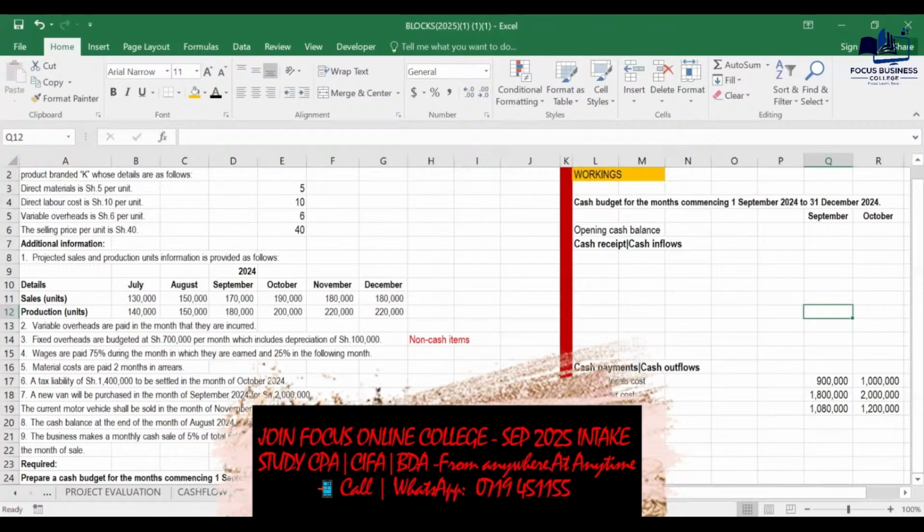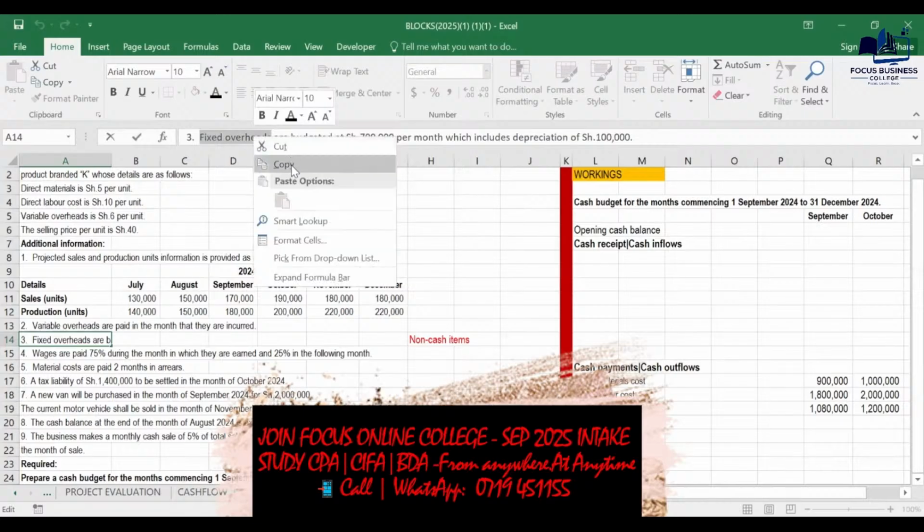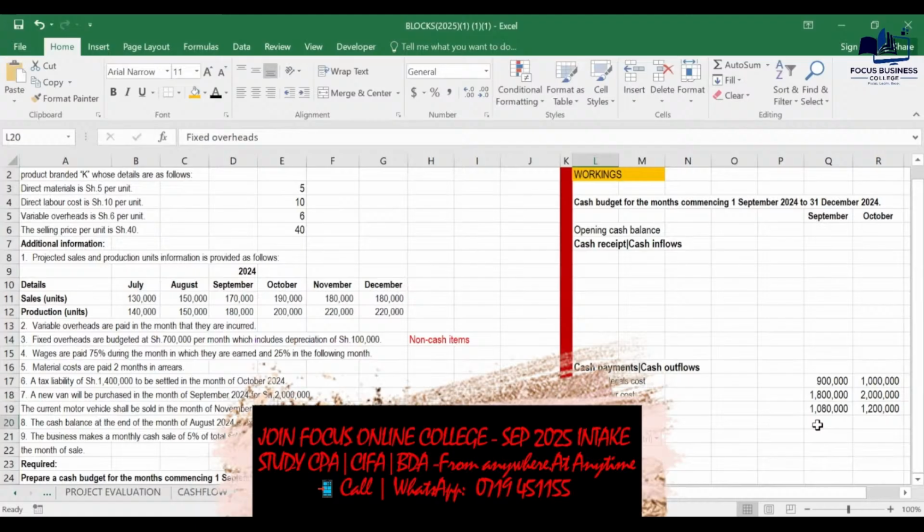So what we need to capture here is the fixed overheads. Remember what we said, if you can copy something, better for you, because that will be saving your time. So the fixed overhead, this one we are told will be how much? 700. But these include depreciation. Do we have to include depreciation here?